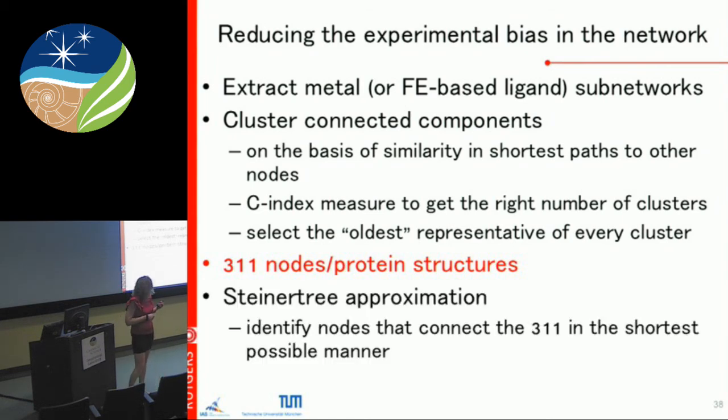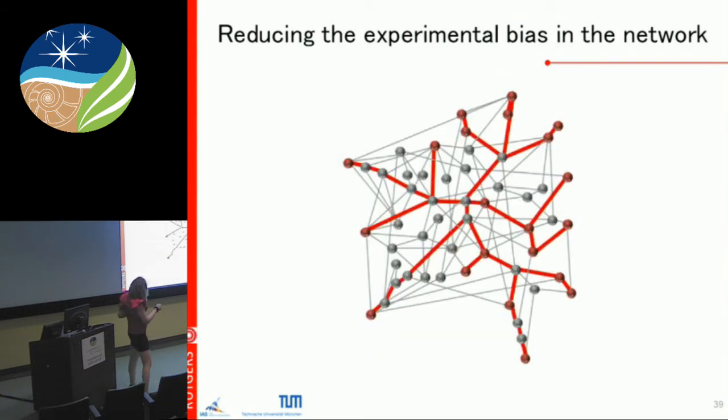So what we wanted to do now is find a Steiner tree. A Steiner tree is basically, if you have a network and the red nodes are the ones that you want to cover, the minimal tree across this network that will cover those nodes.